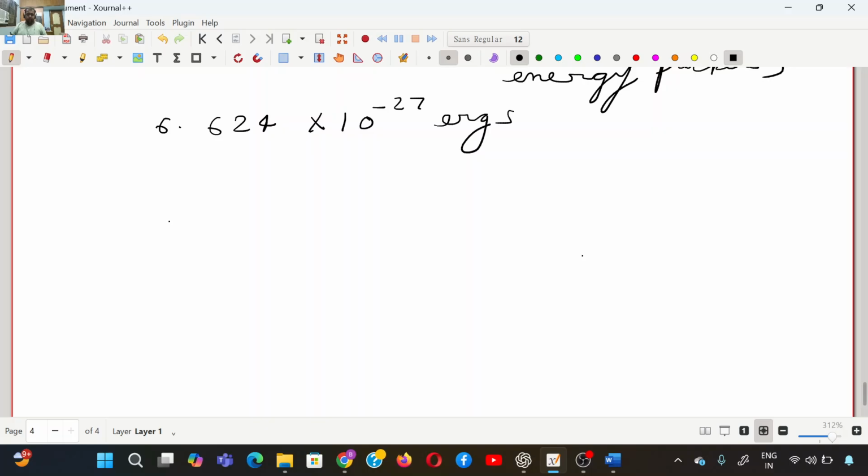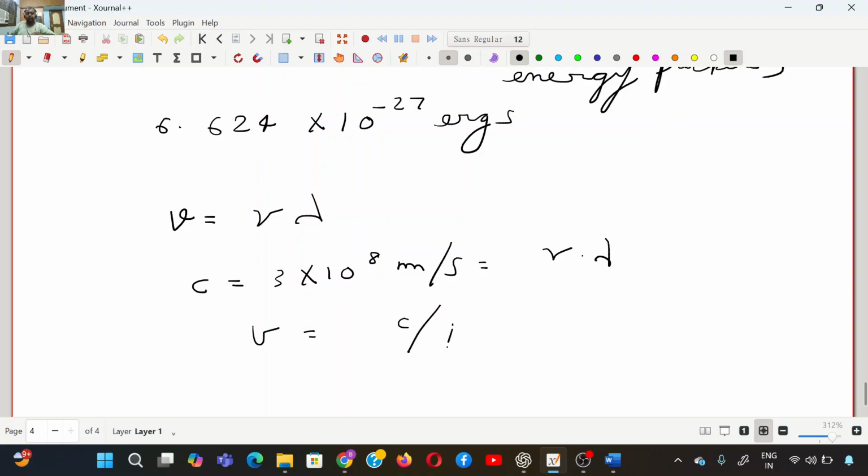I already told you from the wave equation that velocity is equal to frequency into lambda. Here velocity we denote by c, the speed of light, 3 into 10 to the power 8 meter per second, is equal to frequency into lambda. Therefore, frequency is c by lambda.